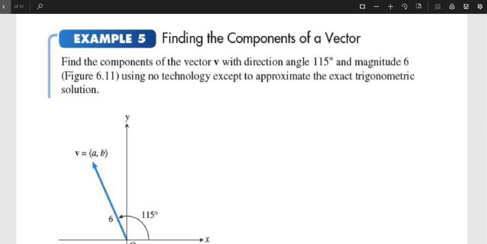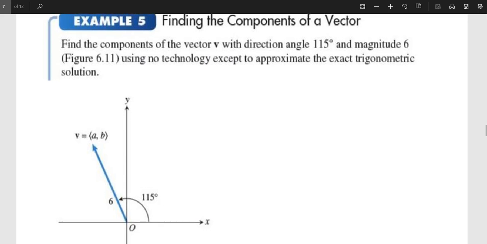Okay, now. Find the components of the vector v with direction angle 115 and magnitude 6, using no technology except to approximate the exact trigonometric solutions. Ooh. Okay, now I'm going to show you two different ways that I could do this.